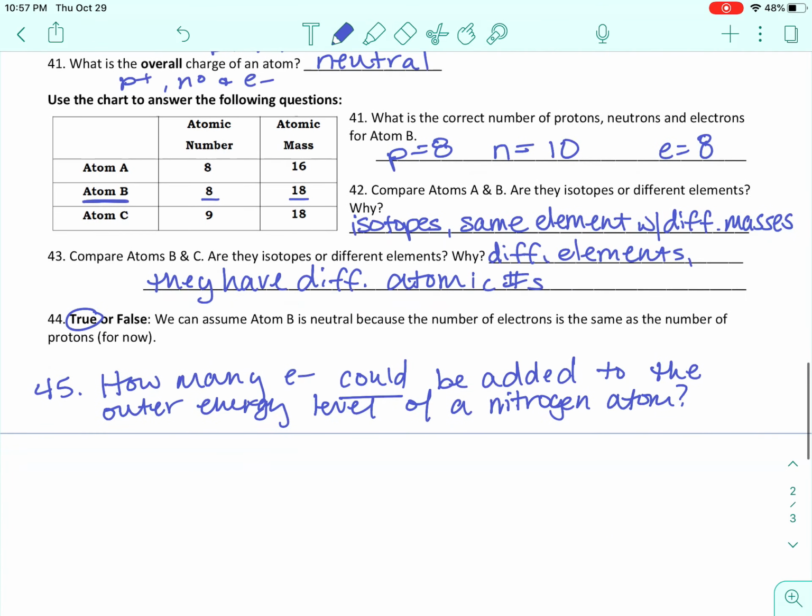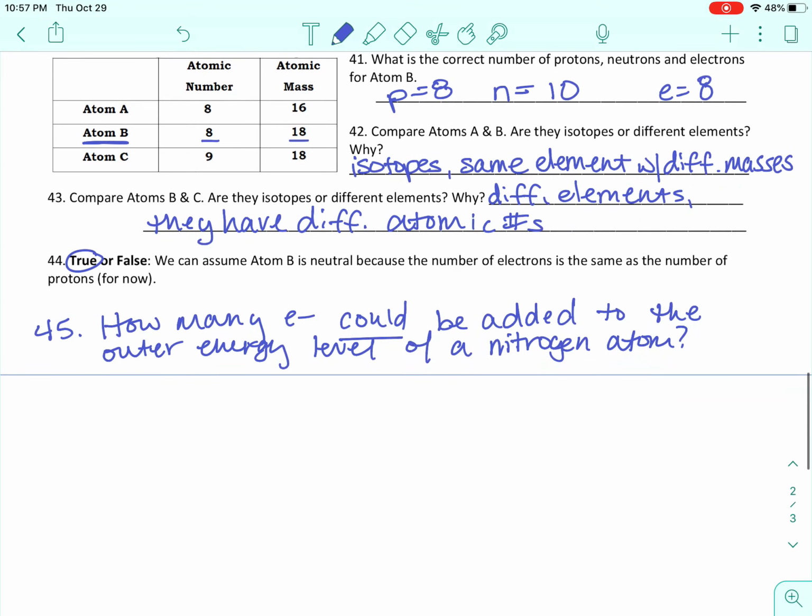Now this is next level thinking, because you have to think about how many electrons nitrogen has. Nitrogen has an atomic number of 7. So it has 7 protons and it's going to have 7 electrons.